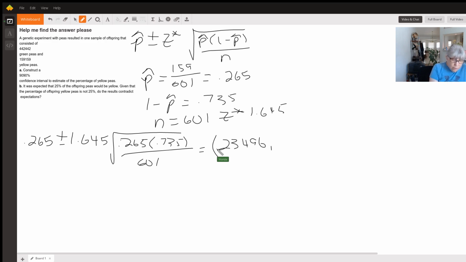When we add the margin of error, we're going to get our upper limit, and that's going to be 0.29415. So we are 90% confident that the true proportion of yellow peas for this particular variety of peas is between about 23.5% and 29.4%.